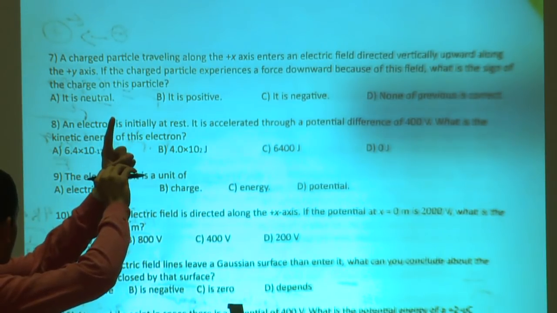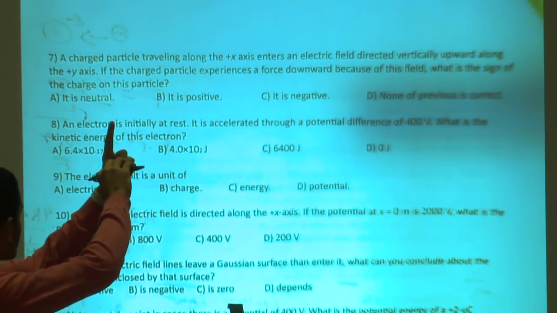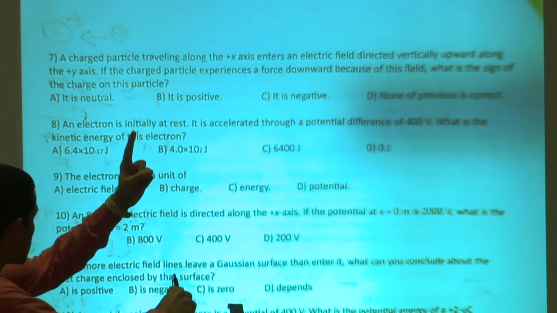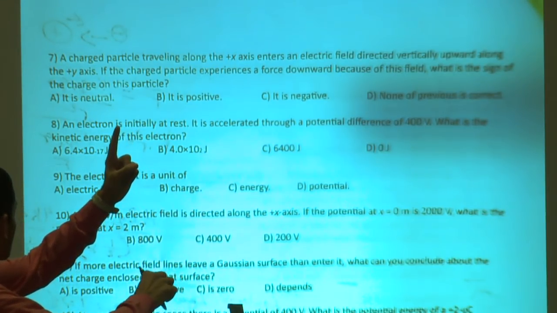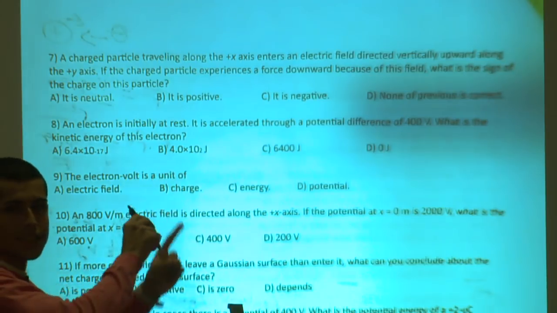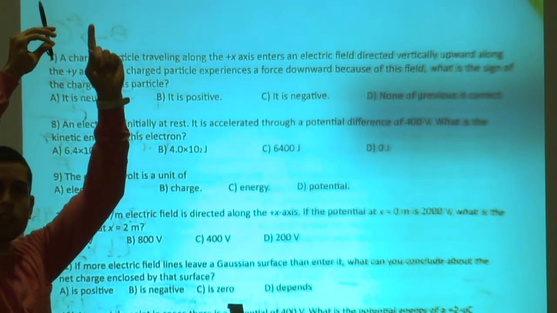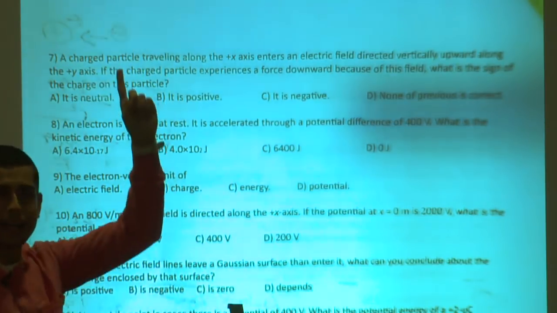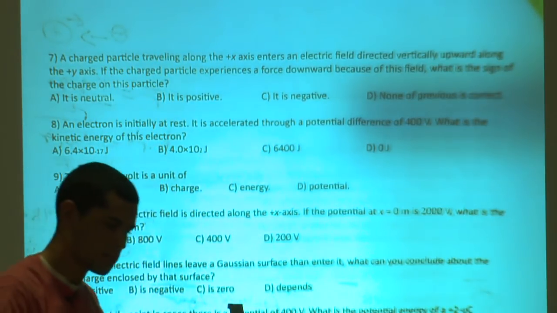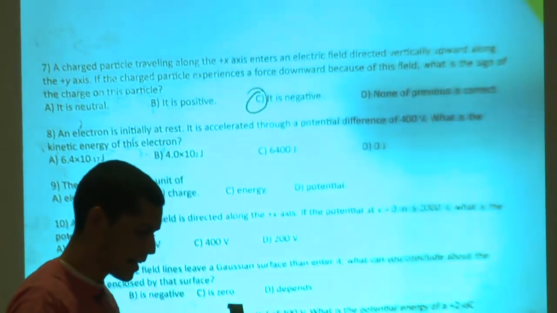If the charged particle experiences a force downward because of this field, what is the sign of this particle? Negative, right? Because positive charges flow with the electric field, negative charges flow against the electric field. So we're going to see it as negative.